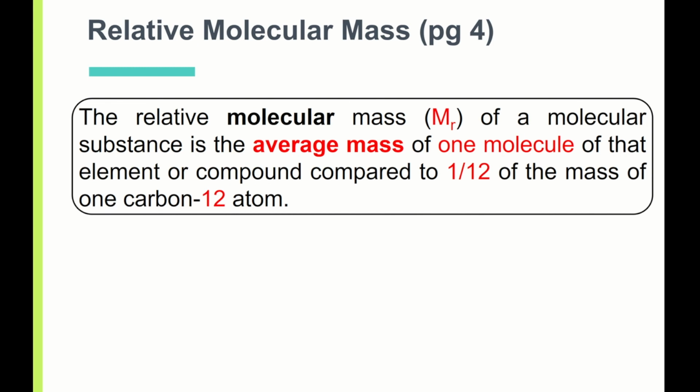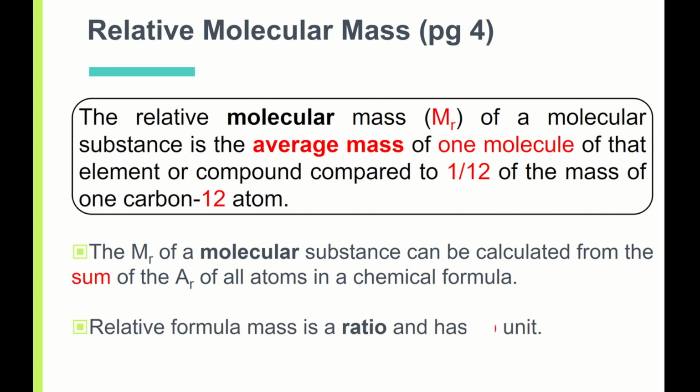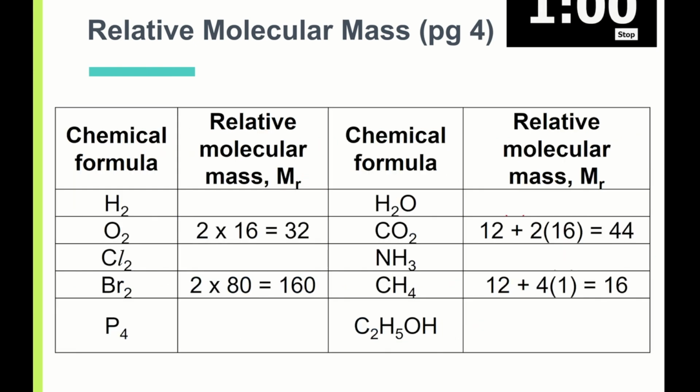That means this carbon-12 atom has 12 units, and you are using 1 unit out of the 12 to compare. So Mr is just a combination of all the Ar together. Likewise, it is a ratio and has no unit. Very simple.